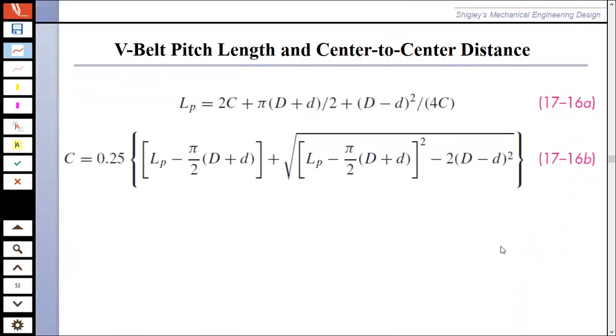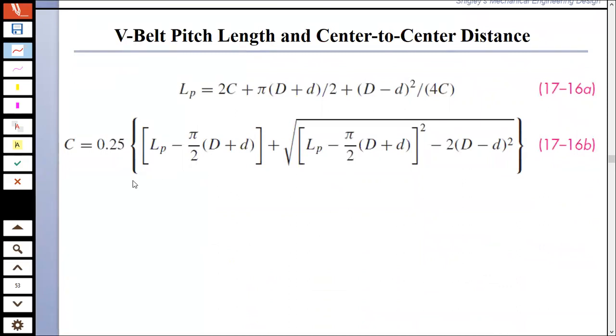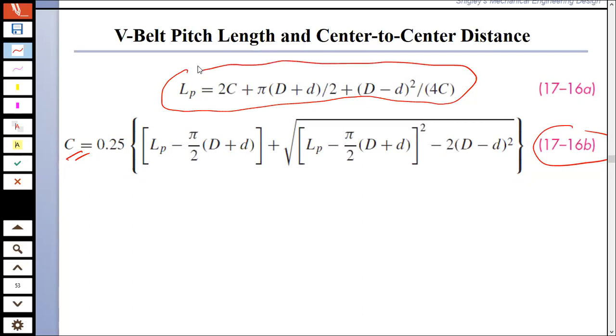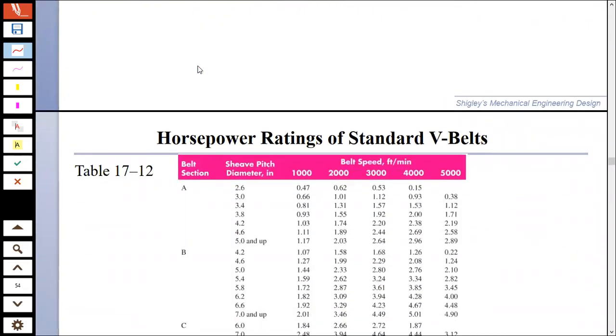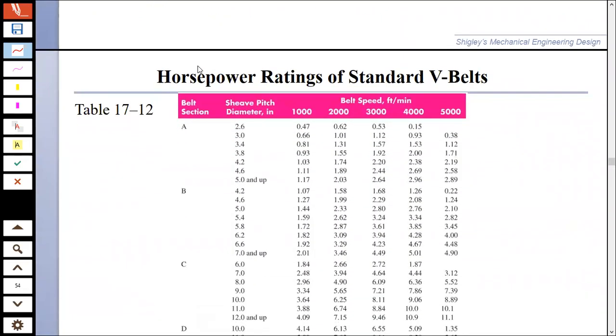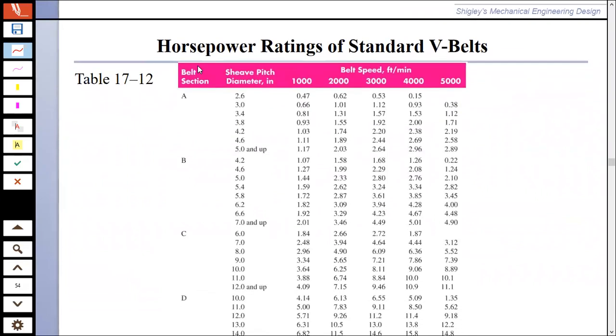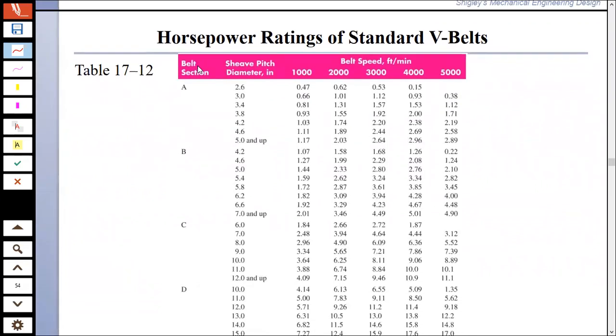And then for the V belt, the center to center distance uses equation 17-16b, and likewise LP, which is the pitch length, can also be calculated with 17-16. These are the different standard V belts which we have.